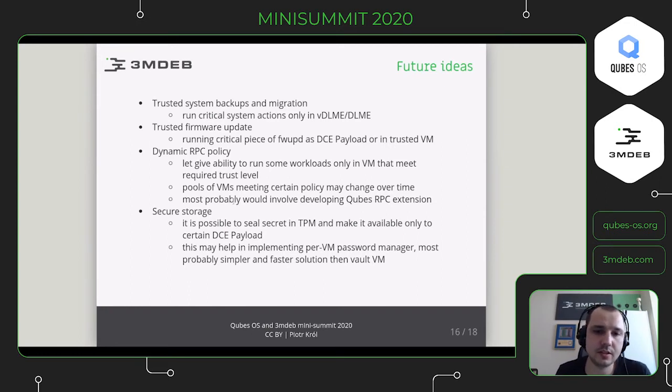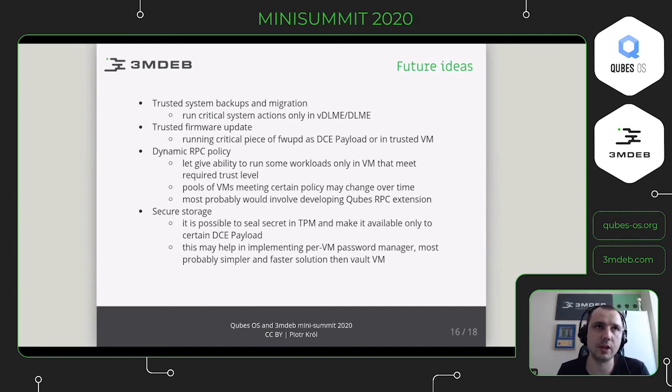But I believe that's a good question for Marek, and this definitely would require some extension to the Qubes RPC implementation. Secure storage, so we can of course use that for sealing secrets, as I mentioned before, and say that some secrets are only available to some DCE payloads.